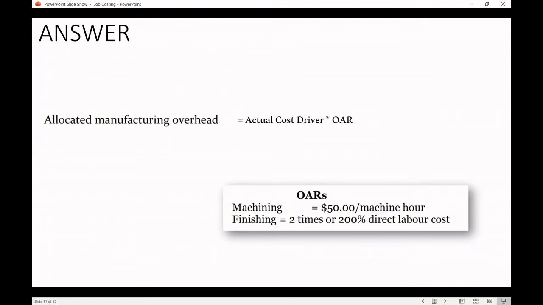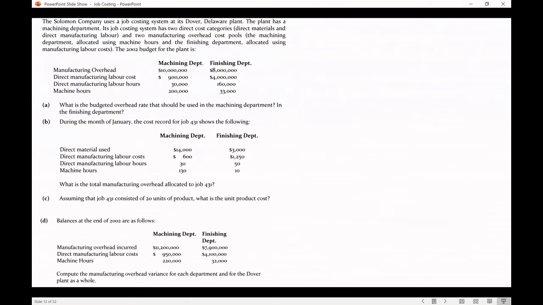And just for you to see, here is our OAR based on what we calculated before. So we have our OARs, right? What we need now is to find our actual cost drivers. For the machining department, again, we found two OARs, so we need to find two manufacturing overheads, right?